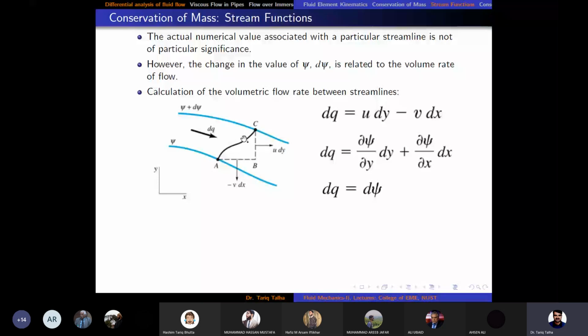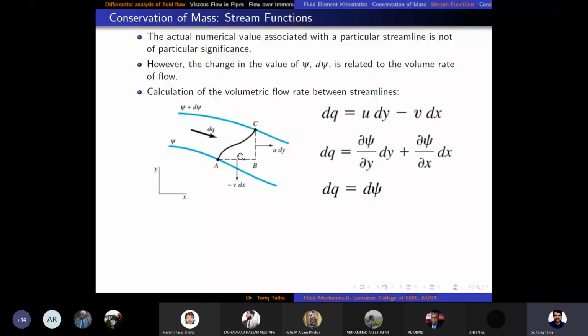If we apply the conservation of mass here, we can easily see that dq, which is coming in, should be equal to the mass which is going out. So that would be equal to u dy minus v dx. Why is there a minus? Because the velocity direction is in this direction, so minus v dx.